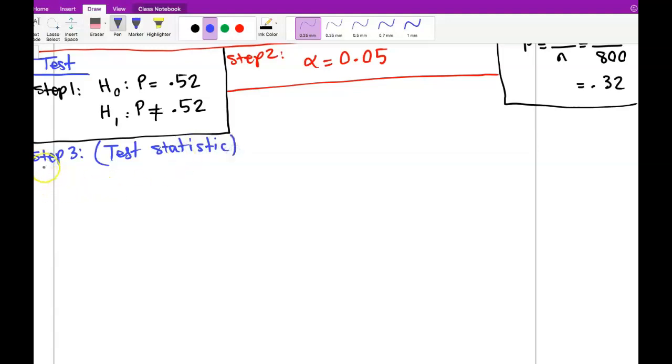Finding z. We have the difference between this point estimate and p0, and the denominator, the square root of p times q divided by n.